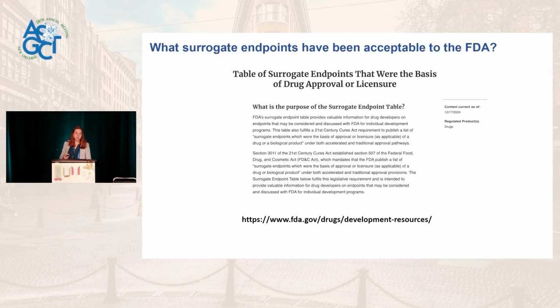If you're curious what other surrogate endpoints have been acceptable to the FDA, there's a really nice table that's kept up to date on the FDA website that essentially shows you all the different surrogate endpoints that have been the basis for a drug approval or licensure. And it's really interesting to scroll through and look at your favorite diseases or biomarkers of choice. So I highly suggest you take a look.